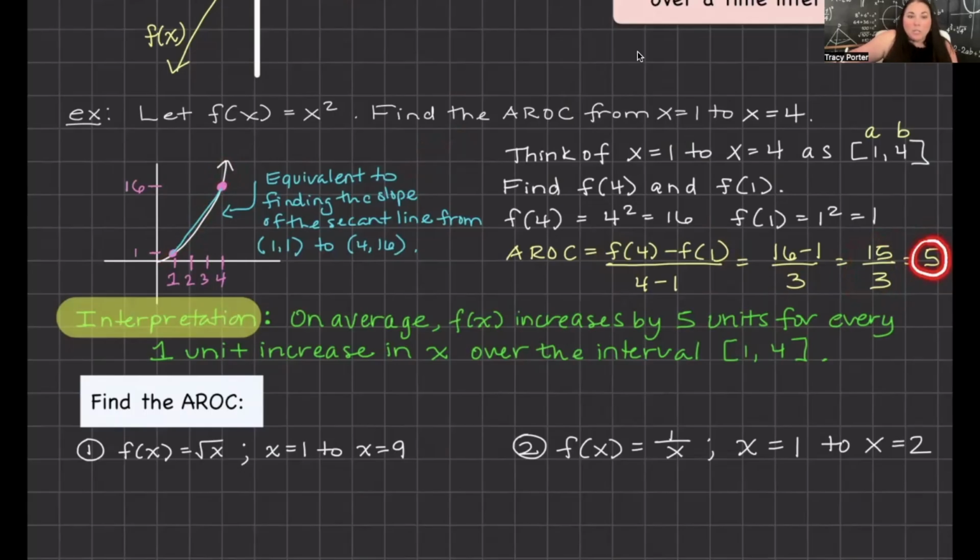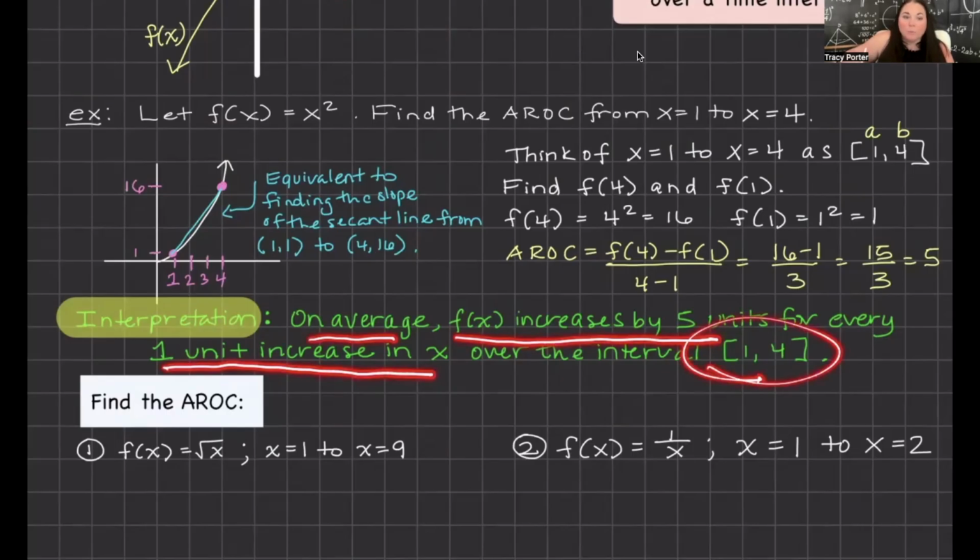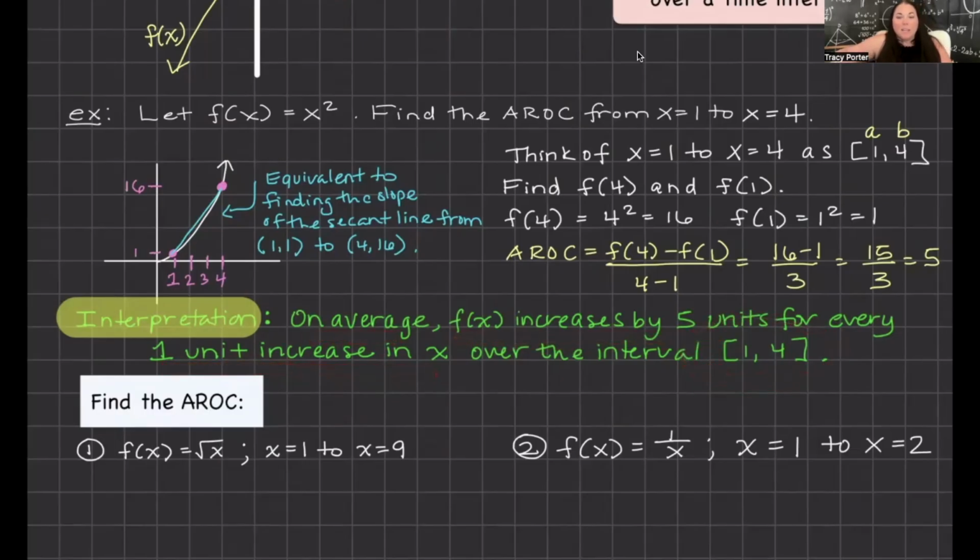If we had to interpret that in words, we would say that on average, the function is increasing by 5 units for every 1 unit increase in x over that given interval from 1 to 4. That interpretation is important, because when you start to put units with it and put it in an application form, you want to understand what it actually means.